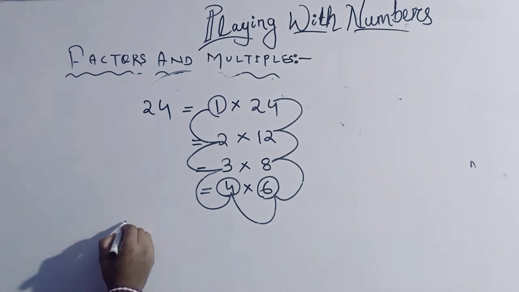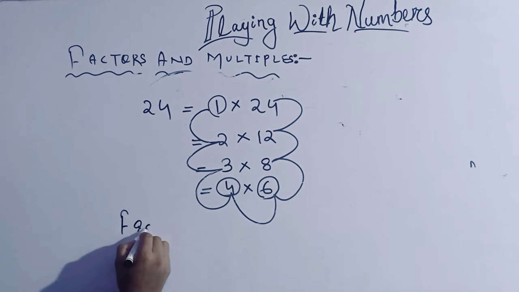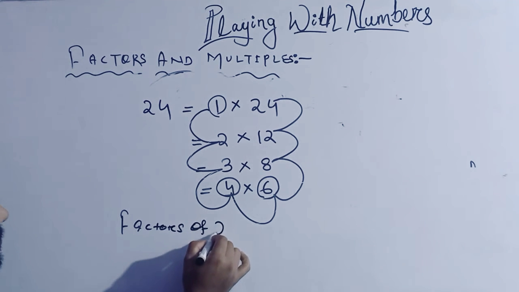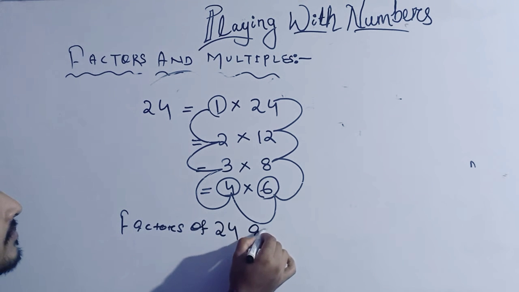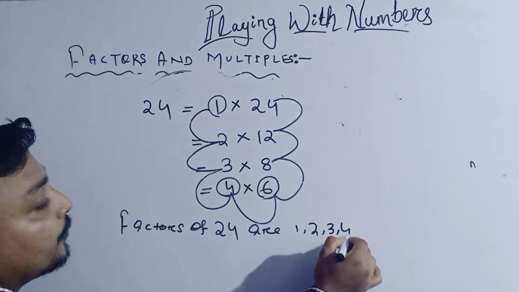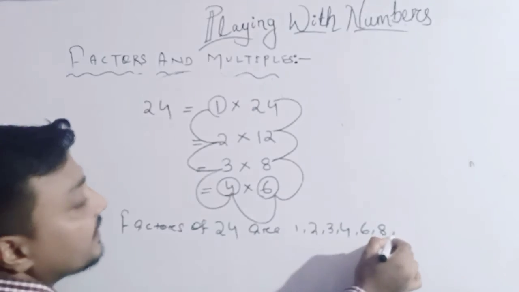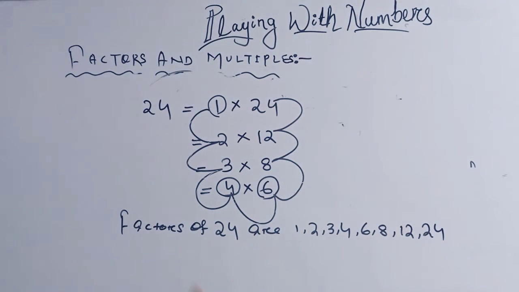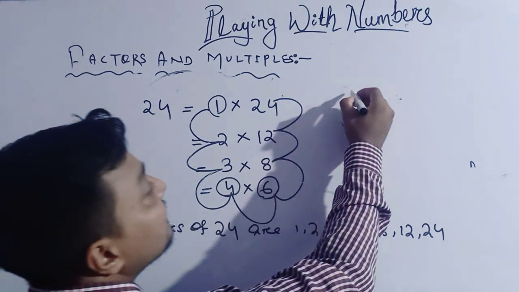So the factors of 24 are 1, 2, 3, 4, 6, 8, 12, 24. Ready? Perfectly understood?